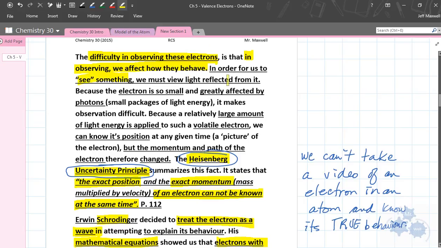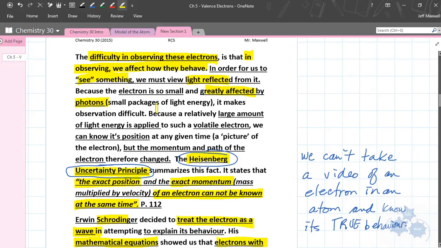We must view the light that's reflected from it. Because an electron is so small and so volatile, it is greatly affected by these small packages of light energy, or the photons, that we might shine on it.